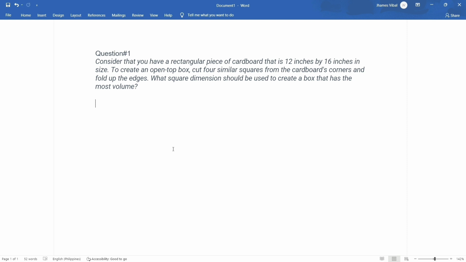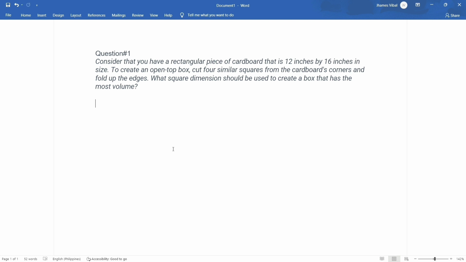Second step. Identify the constraints. The cardboard has dimensions of 12 inches by 16 inches, and we need to cut out 4 identical squares from the corners. Let's call the side length of each square x.